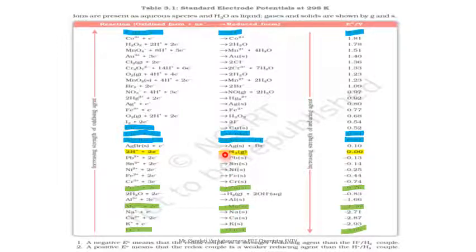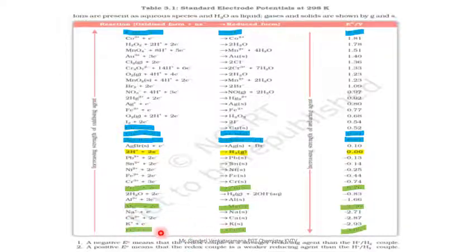Next, this is also a strong reducing couple in comparison with the hydrogen couple. Clear? Now check where is the most negative value: minus 3.05. So that's why the lithium plus and lithium couple is a very strong reducing agent.